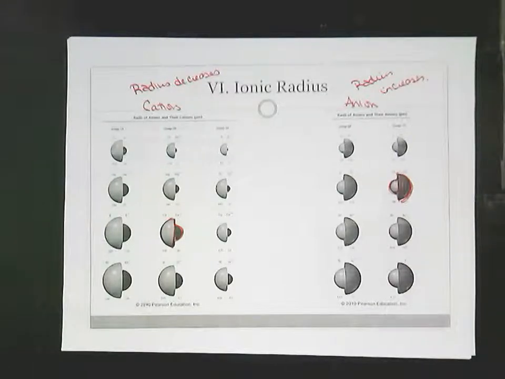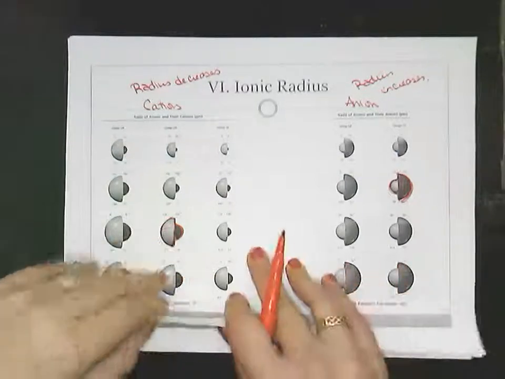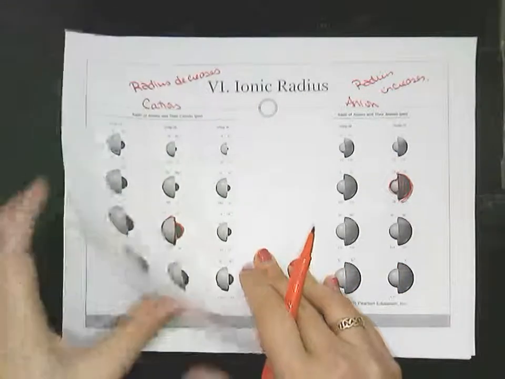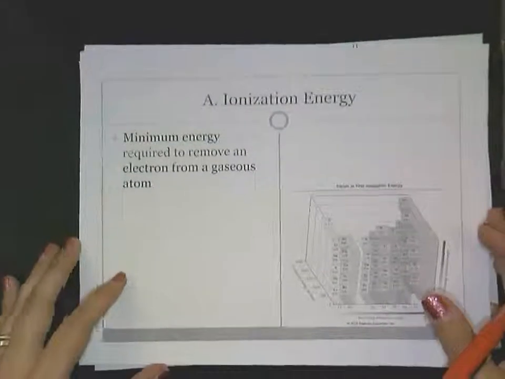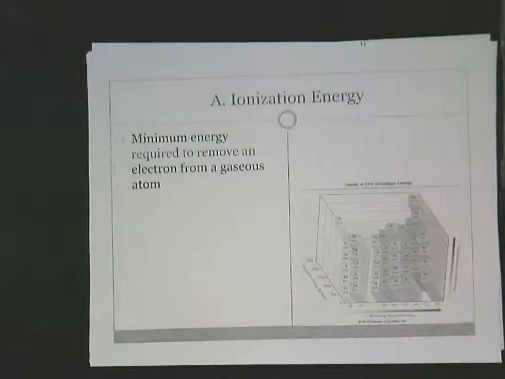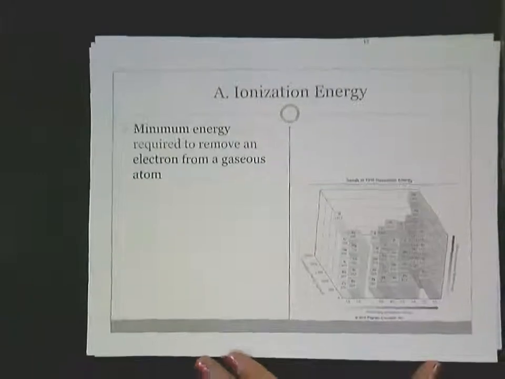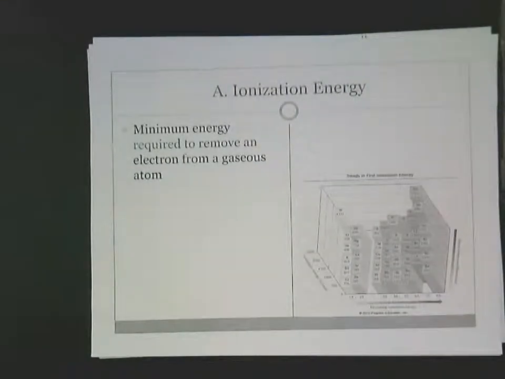All right, so now we're going to talk about the last, I think it's three periodic trends that are all interrelated. So ionization energy is the energy required to remove an electron from an atom.